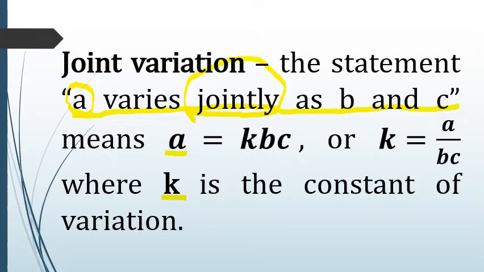So, magkakaroon tayo ng K, B, C. Magkakasama lang yung tatlo. So, kung hahanapin naman ang constant, pwedeng gamitin ang K equals A over B, C. Kung saan ang K natin, ayan pa rin yung tinatawag na constant of variation.